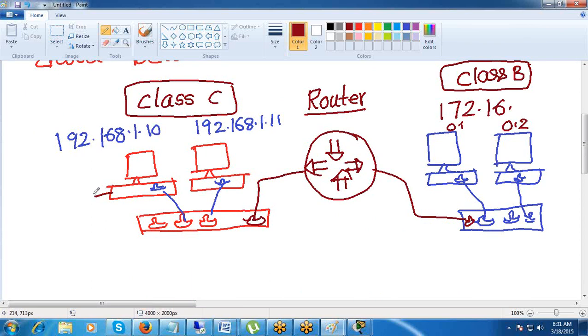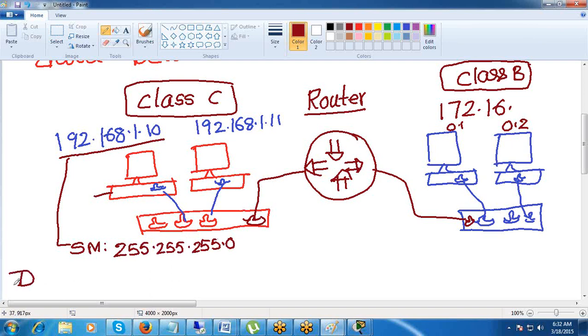See, for this system I have given the IP address 192.168.1.10 and the subnet mask 255.255.255.0. And for this, what is the default gateway IP address? For example, the router has two interfaces.